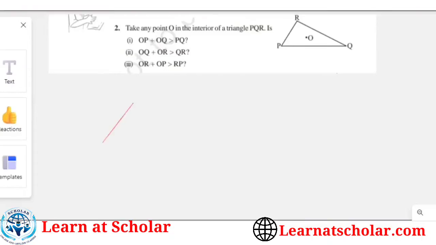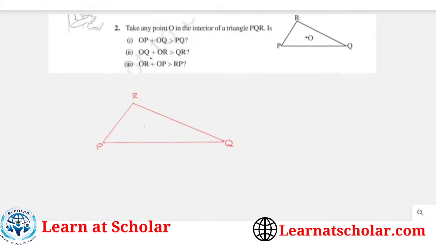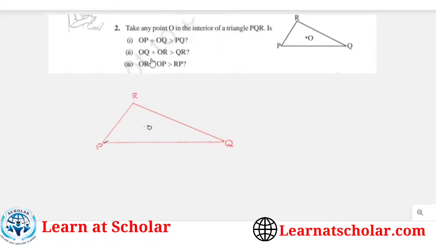Question number 2. Take any point O in the interior of a triangle PQR. Is OP plus OQ greater than PQ? Let's find out. First of all, we will draw the possible triangles with the point O. Now you can see three more triangles.